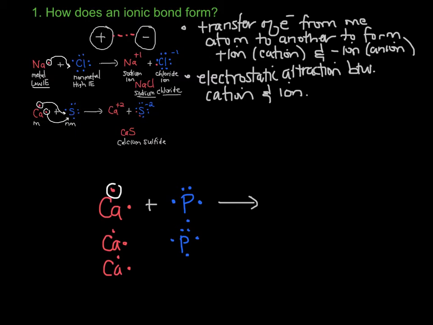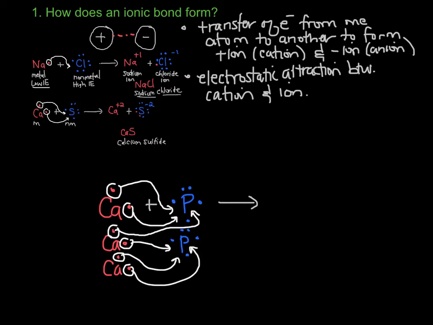So one of our calciums can get rid of 2 of its valence electrons and end up happy. And then the other calciums can also give up their valence electrons and end up happy. And then this third calcium will lose its valence electrons and end up happy.